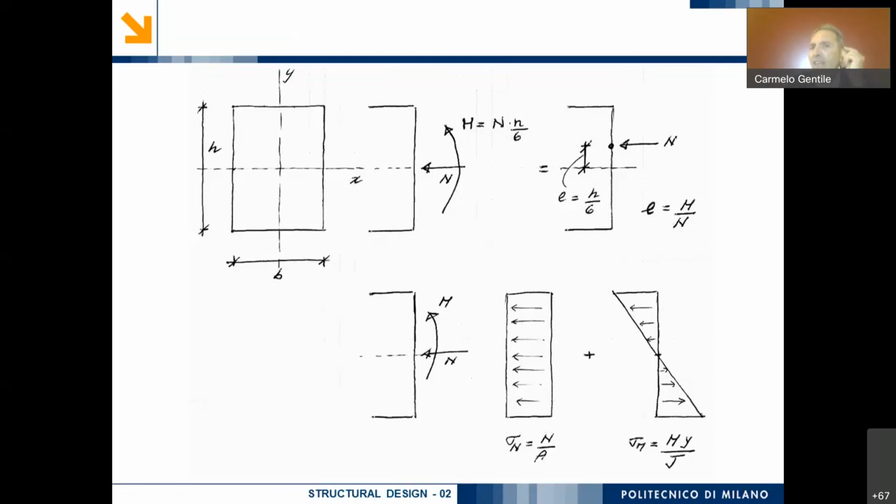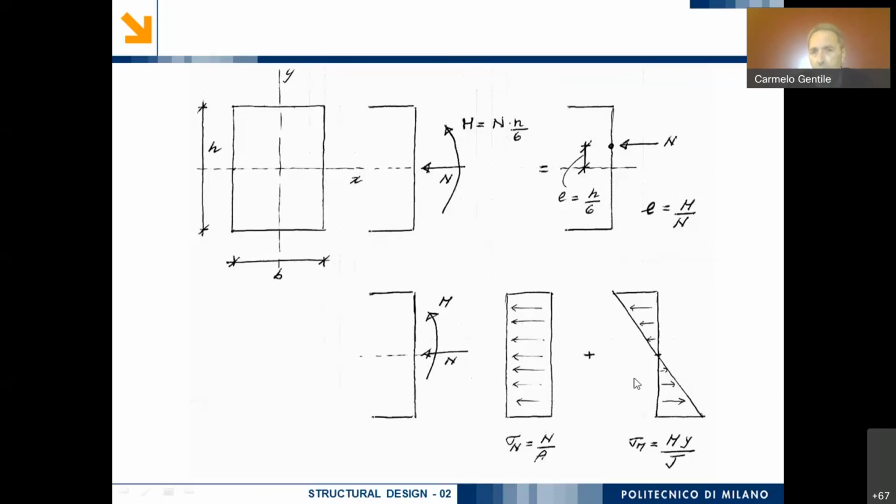Because if the eccentricity is quite low, we have to expect a certain behavior of the cross section. When the eccentricity tends to be larger, we have to expect a different behavior of the cross section. Let us clarify what I mean by a different behavior.